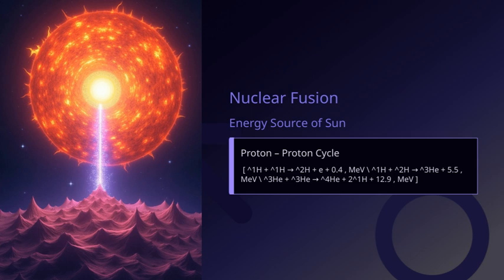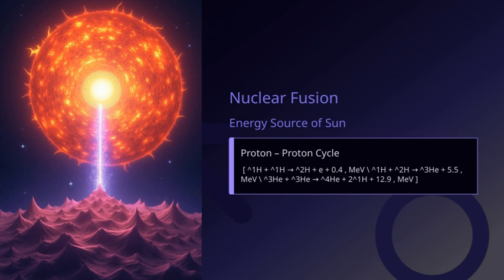Next, this deuteron combines with another proton to create a helium-3 nucleus, releasing around 5.5 MeV. When two helium-3 nuclei meet, they fuse to produce a helium-4 nucleus, releasing 12.9 MeV of energy, along with two protons that can then participate in the cycle again.